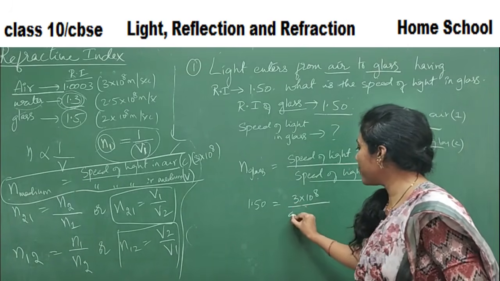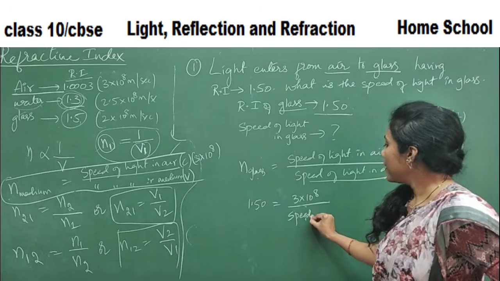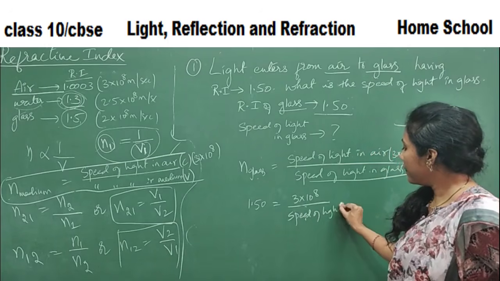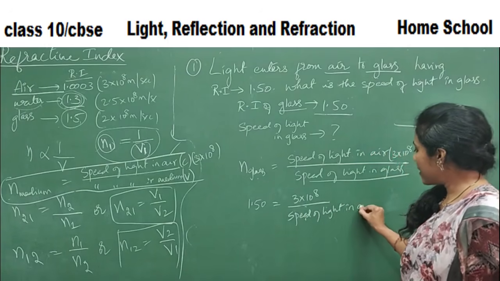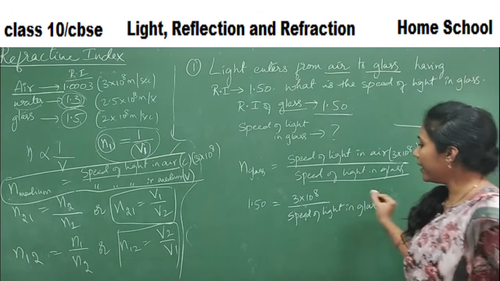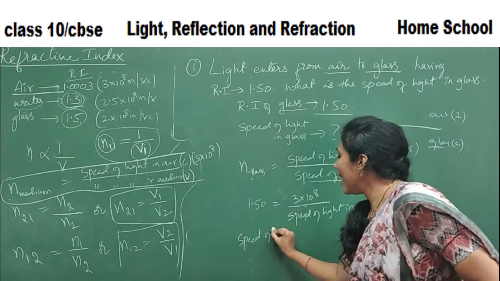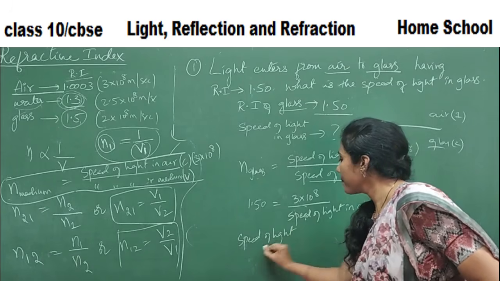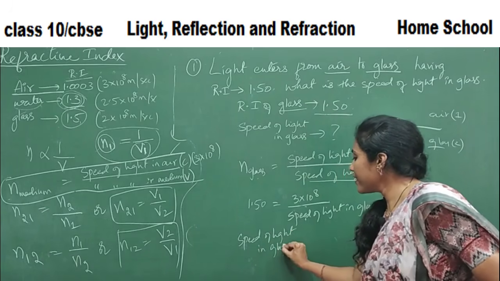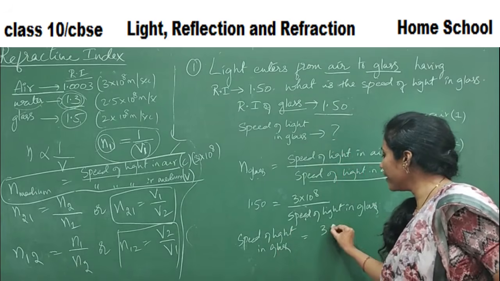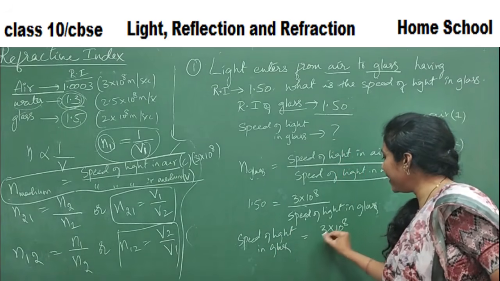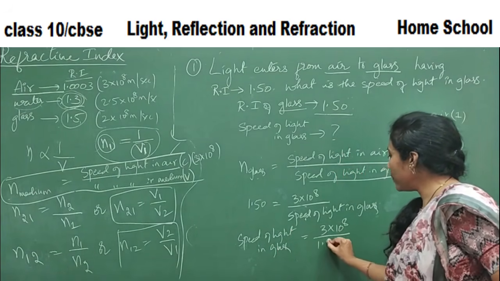Instead of writing a question mark, let me write speed of light in glass. So speed of light in glass is equal to, rearranging, 3 into 10 to the power of 8 divided by 1.50.